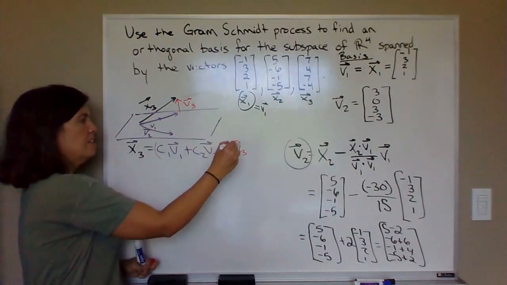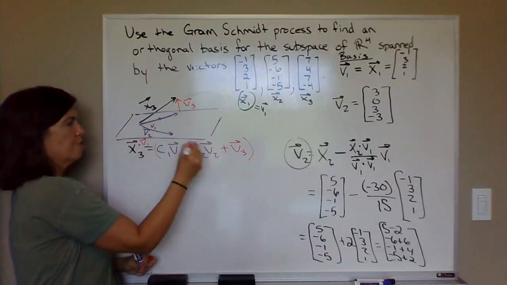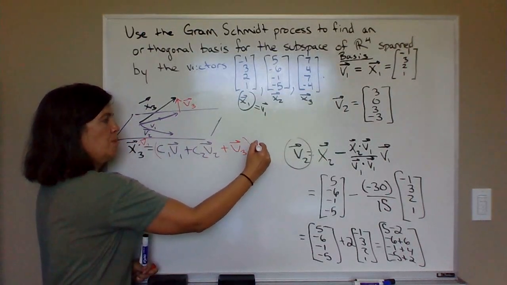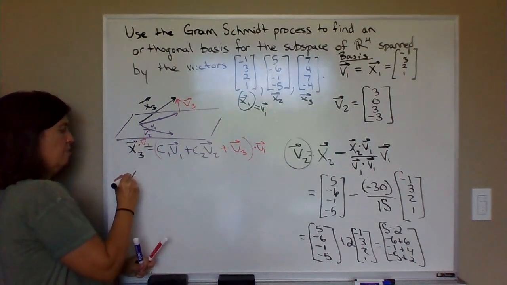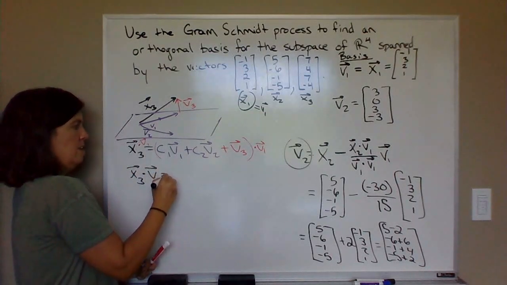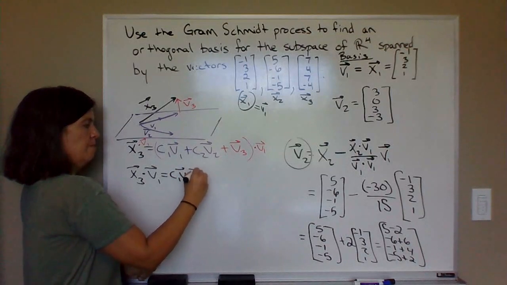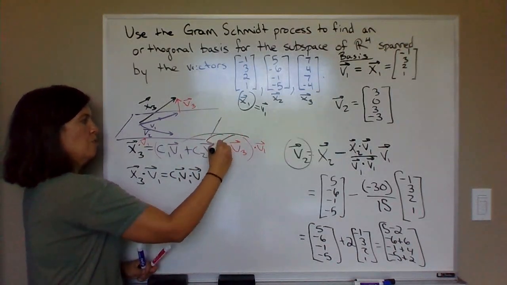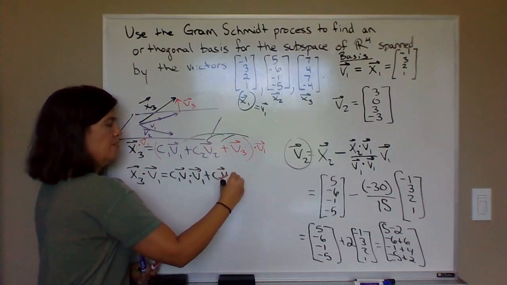I may not go through all the details of this part of the process, but what you do is you take the inner product of both sides with, let's go with V1 first. So if you take the inner product of both sides with V1, maybe I will write this out. So you'll have x3 dot V1 equals C1 times V1 dot V1, if I distribute this V1 to all three parts, plus C2 V2 dot V1.